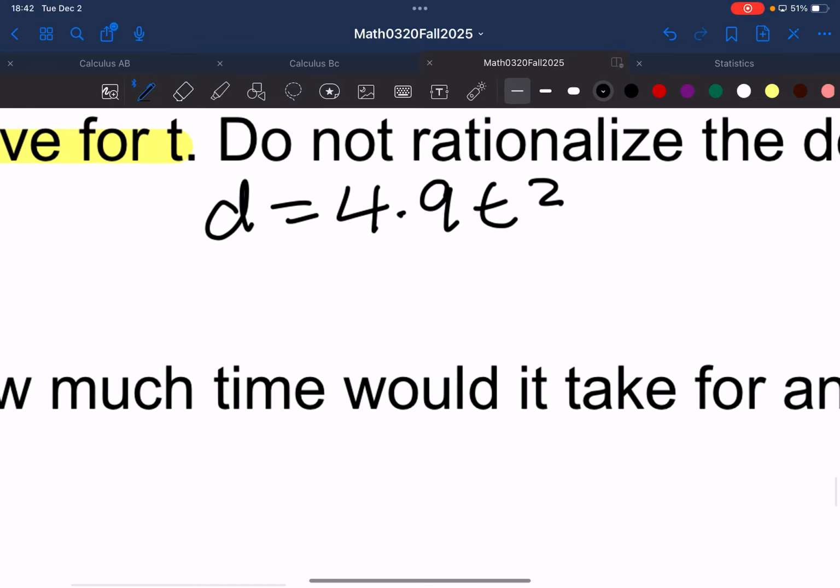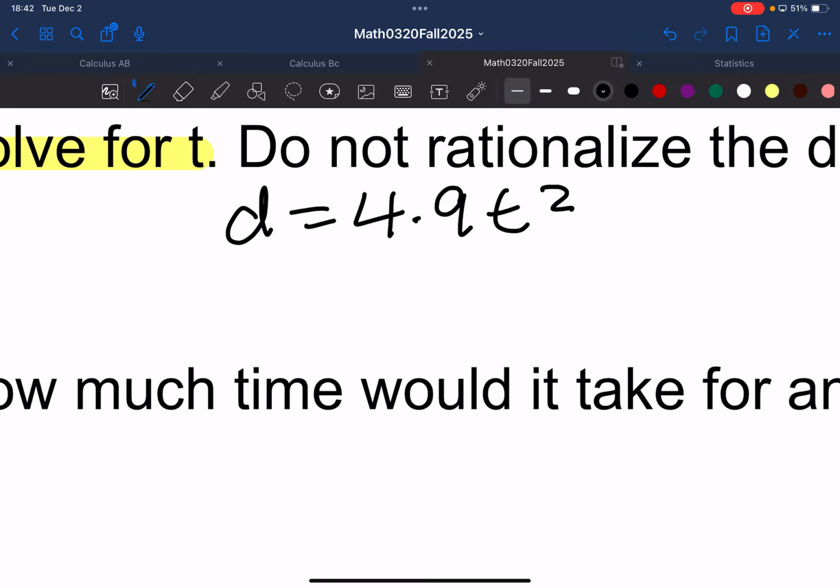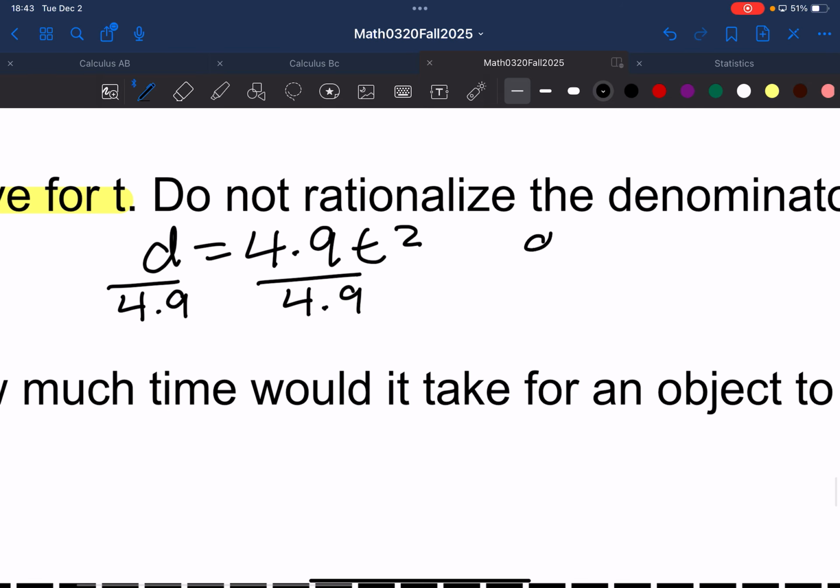So what would be our first step to get t by itself? You would square root. Not yet. Before that. Divide by 4.9. Okay, so we have d over 4.9 is equal to t squared. Now what?